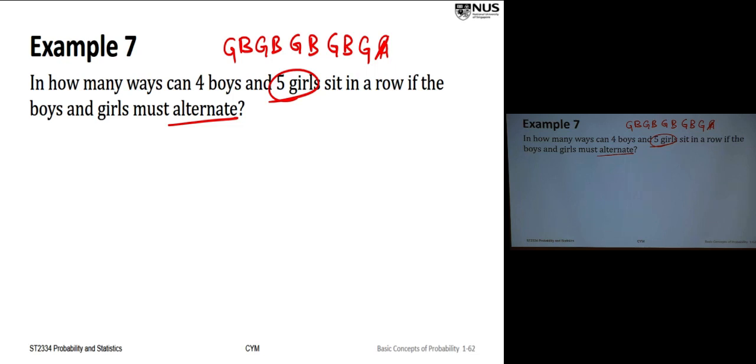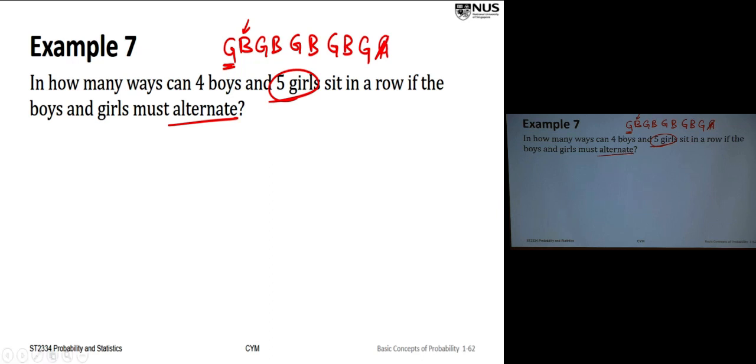So it's easy. I have 5 girls, okay? So A, B, C, D, E to represent these girls. So I can choose one of these 5 girls and put her in this seat. Then after that, for each of these choices, how many choices can I put a boy next to her? If the boys are called alpha, beta, gamma, delta, I choose one out of these 4 boys into the second seat.